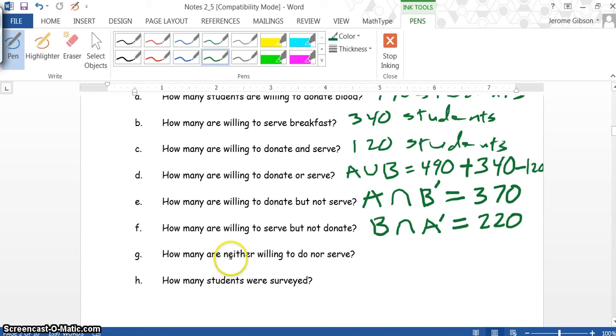Now it says here, G, how many are neither willing to donate nor serve? Now this is supposed to be willing to donate or serve.